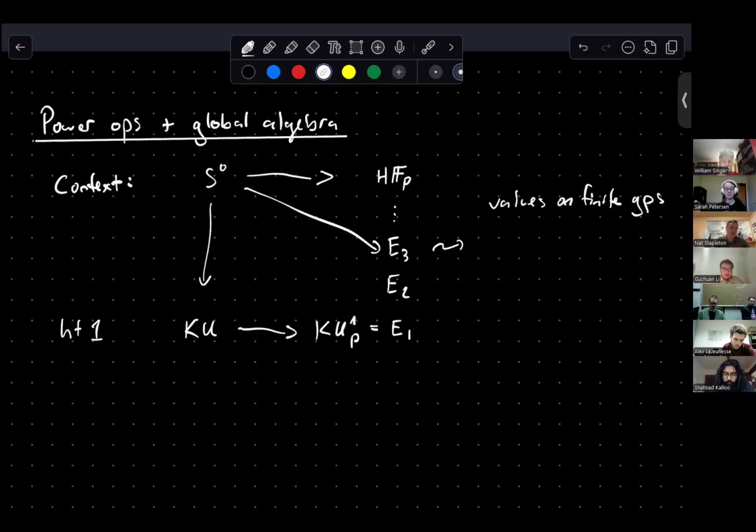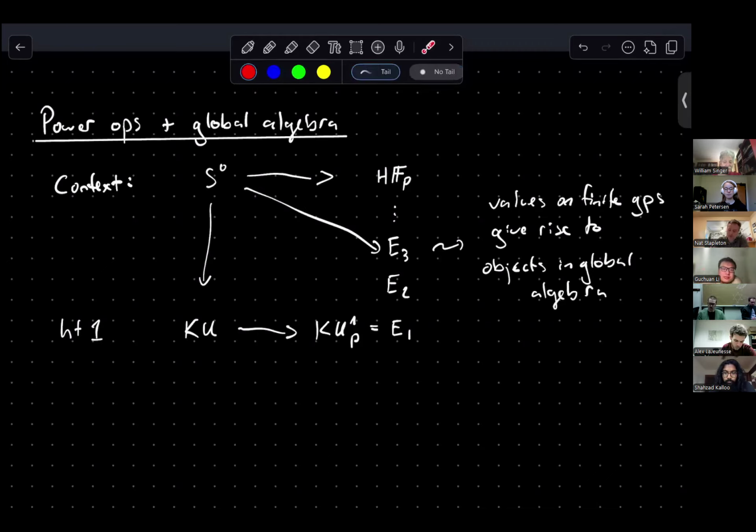And when we do that, this gives rise to objects in global algebra, whatever that means. But this picture that's here gives an overview of what we're going to be doing in the next 5 lectures so that you know what's coming up.